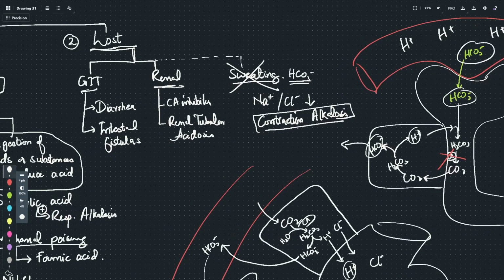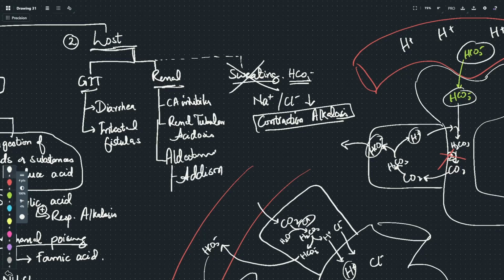So another cause of the acidosis is aldosterone deficiency, and that could be because the body fails to add the aldosterone, which is Addison disease.